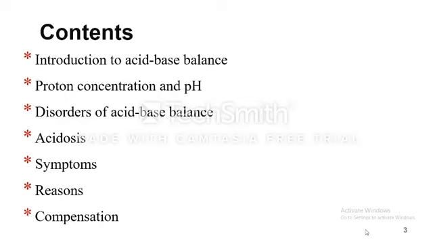There are two main types. First is acidosis. We will discuss what acidosis is in detail, its symptoms, and the reasons that cause this situation. And then what compensation takes place in our body in response to acidosis.